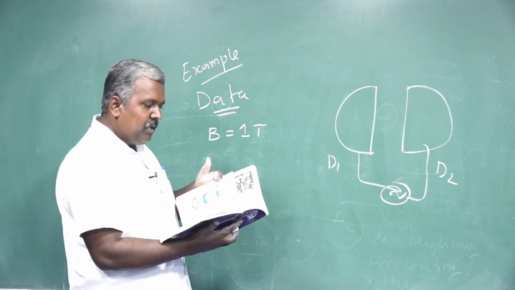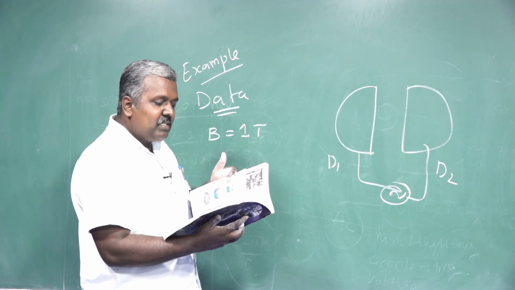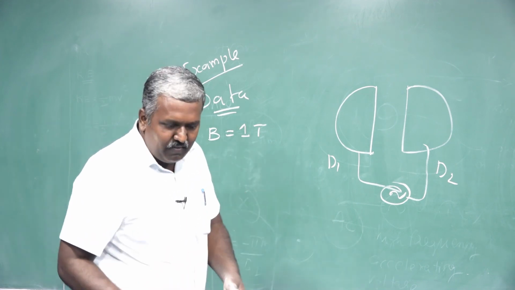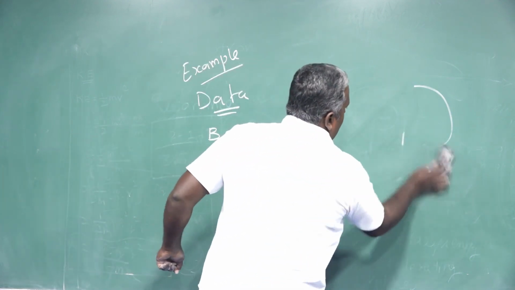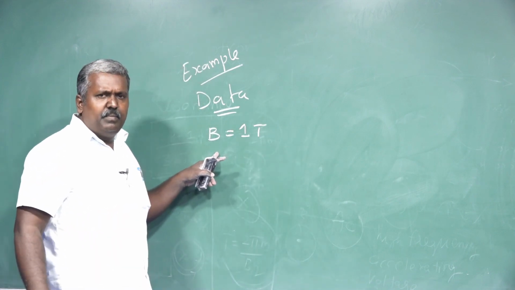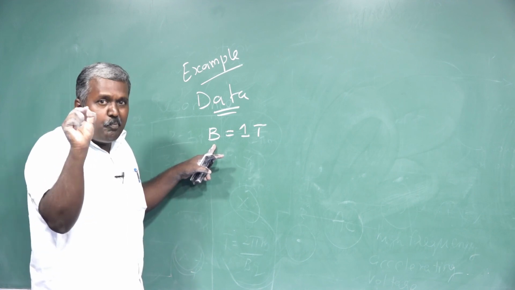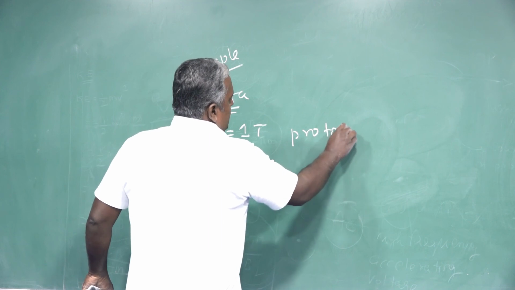So we must calculate the frequency, okay? That's all. Only the magnetic field is given, but keep in mind the value of the magnetic field and the name of the particle, okay? That is important.